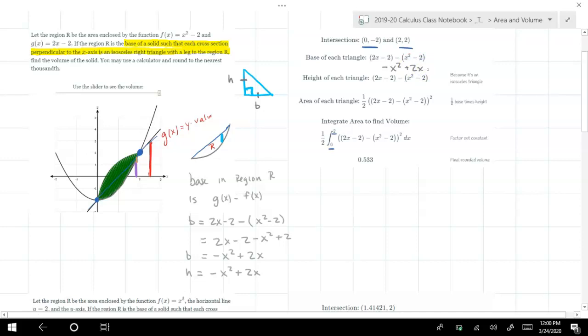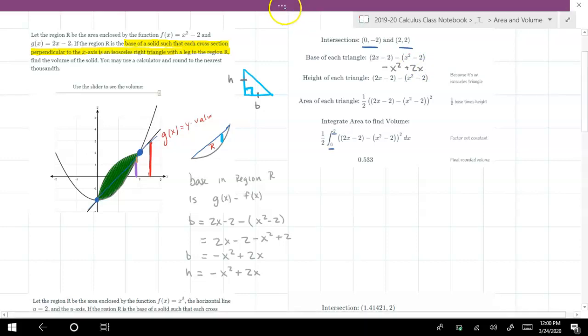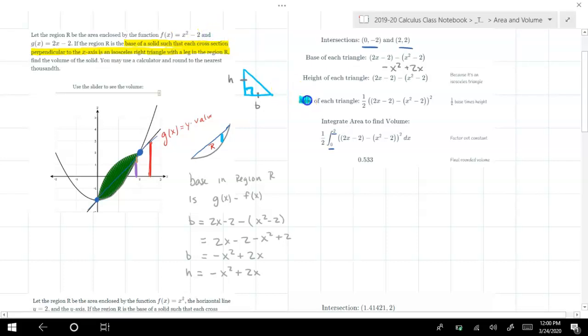To find the area of a triangle, we take 1/2 base times height. So 1/2 times the base times the height. The base and the height are the same length, so it's the quantity squared.